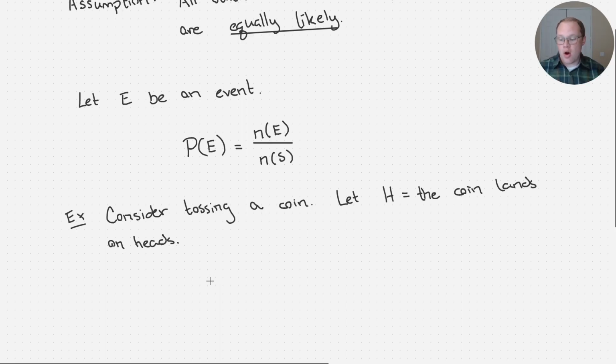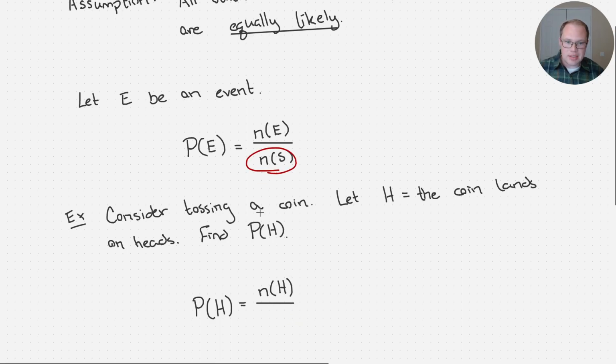So let's see what our formula has to say about this. We want to find the probability that the coin lands on heads if we toss the coin. According to the formula, we count the number of outcomes in the event, so the number of outcomes in H, divided by N(S). Remember, S stands for the sample space, so the number of outcomes in the sample space.